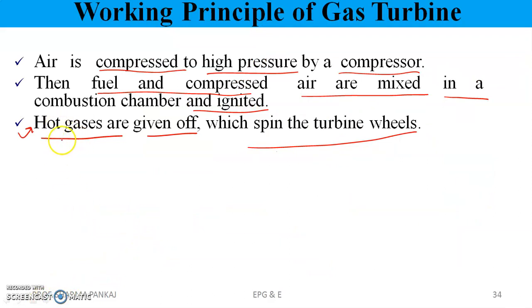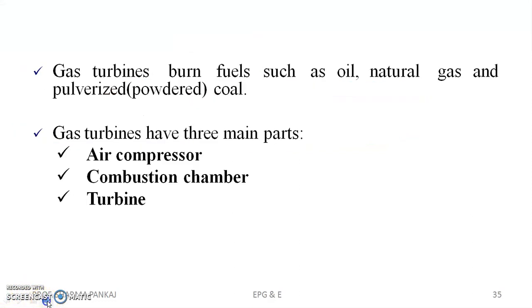The hot gases give the turbine wheels rotational motion. Gas turbines burn fuels such as oil, natural gas and powdered coal.